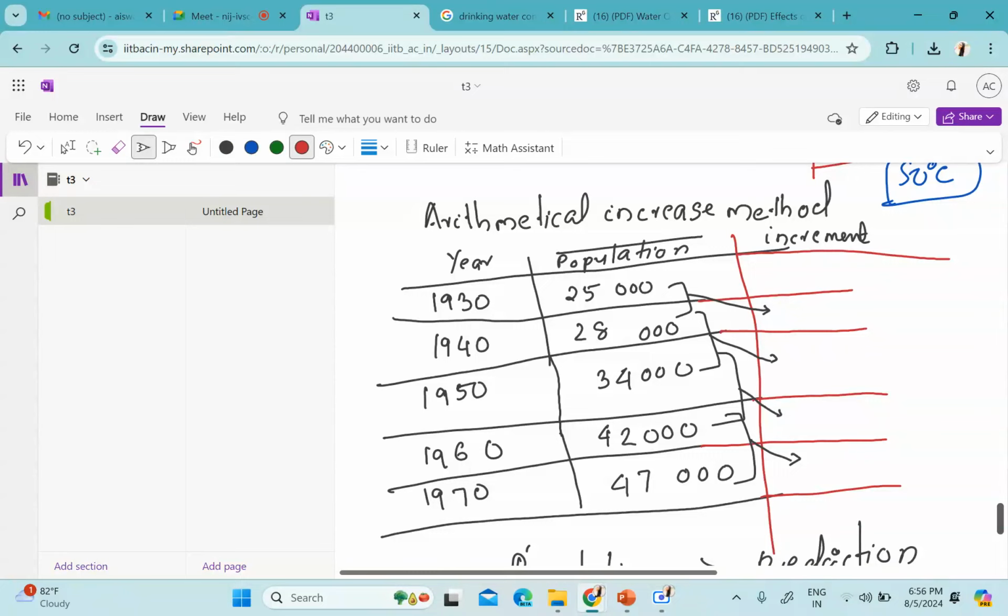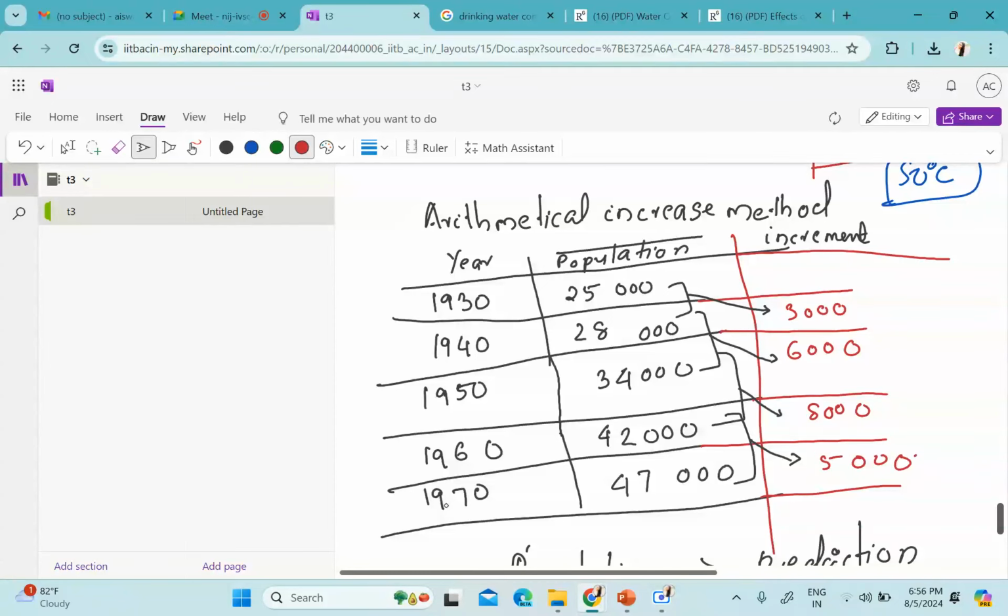Done. Okay, here what is the value? Okay, 6,000, 8,000, and 5,000.